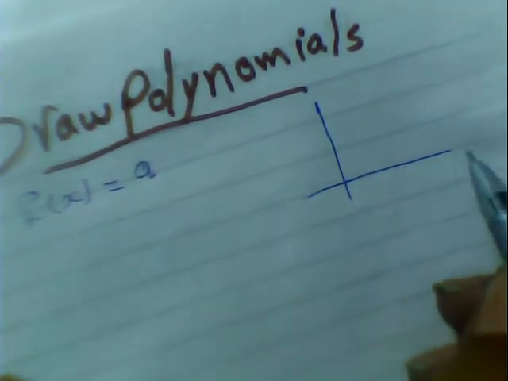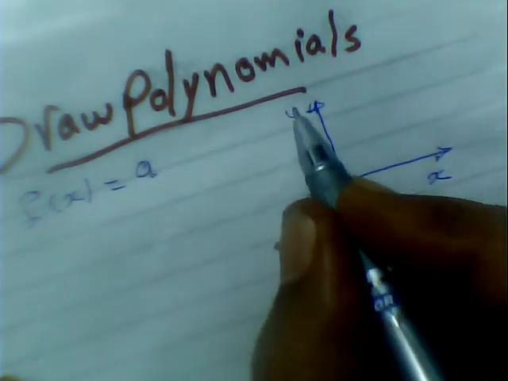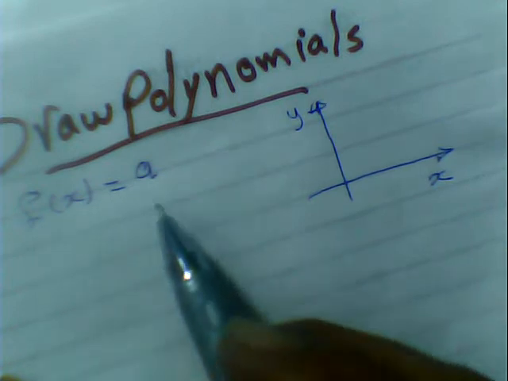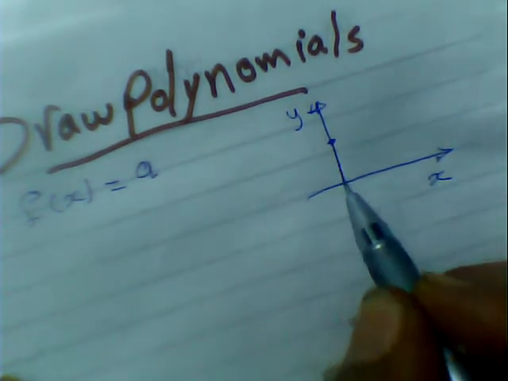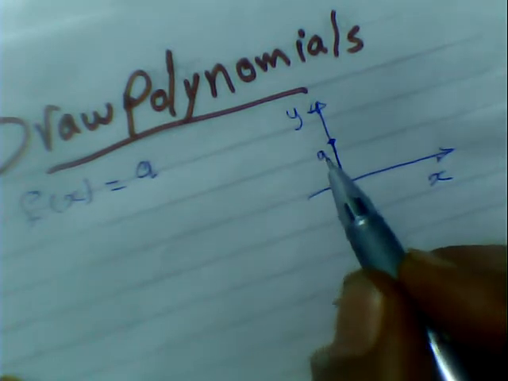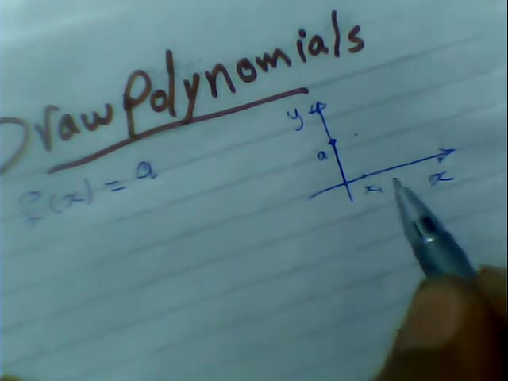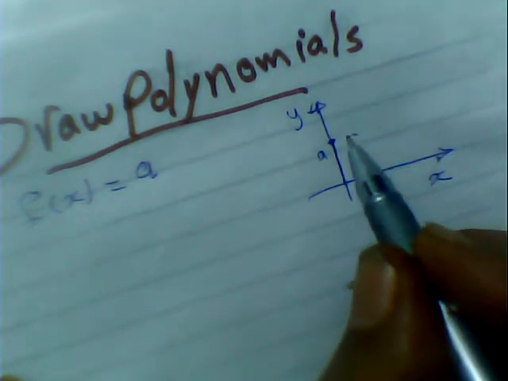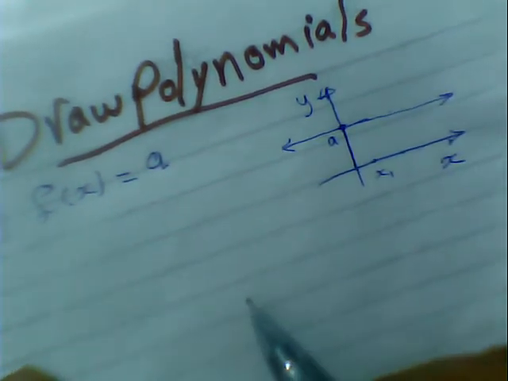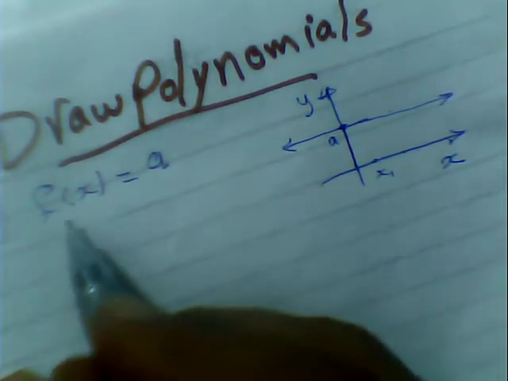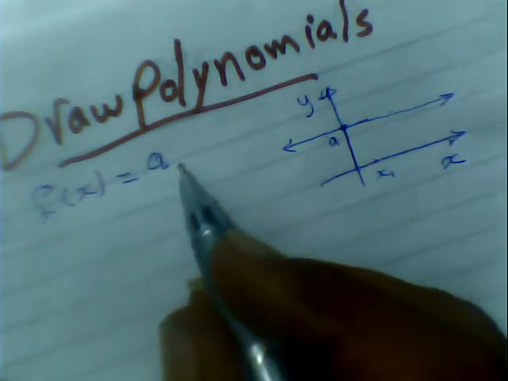You draw the x-axis and y-axis, and f of x equals a is at this height: a at x1, then a at x2, then a at x3, and like this. Now we teach how we can draw f of x equals a.